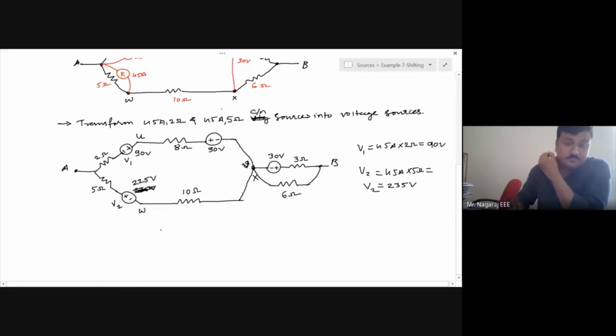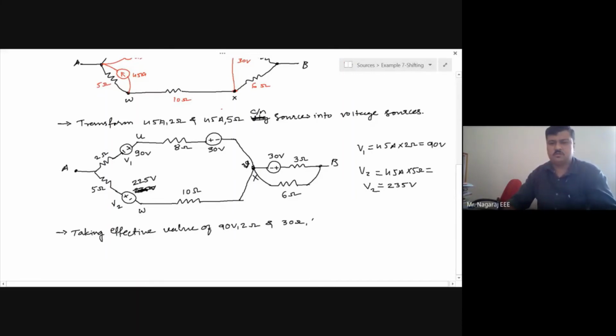Now, taking the effective value of 90 volt with 2 ohm and 30 volt with 8 ohms.